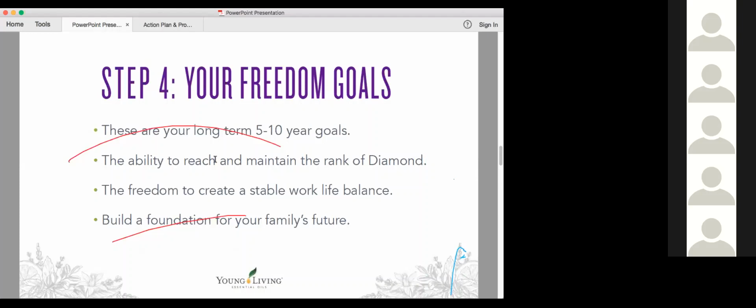Now, go back to the income disclosure statement, and if you have a look, the average time to reach Royal Crown Diamond is just over 8 years. So have a look at what the average income for a Royal Crown Diamond is.